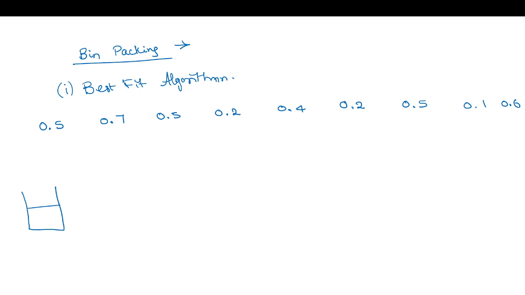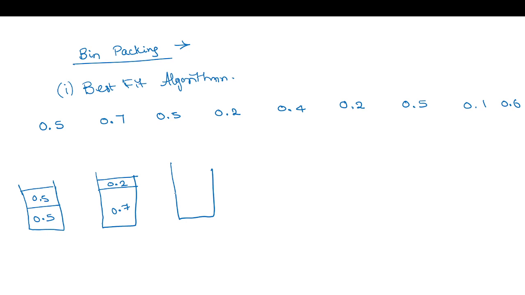First we start a bin and fit the 0.5. Next, 0.7 cannot be fitted, so we start another bin and fit this 0.7. Again, 0.5 can be fitted in this bin. Now 0.2 can be fitted here.